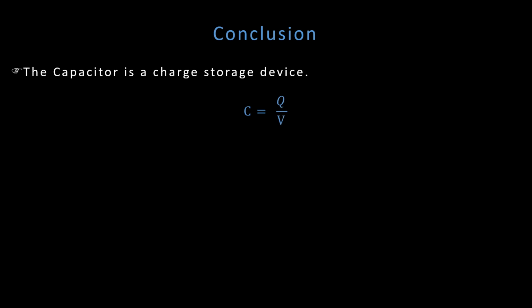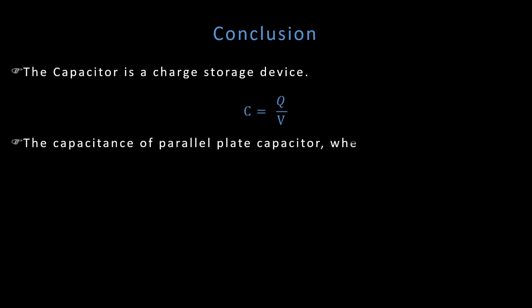Let us conclude now. So now we can say that the capacitor is a charge storage device, and capacitance is given as C is equal to Q by V. The capacitance of a parallel plate capacitor can be given as C is equal to epsilon 0 A by D, but don't forget that here we are making one assumption which says that D is very less than A, and if this condition is not satisfied, we will not be able to consider the field to be uniform, and then this equation epsilon 0 A by D may not be applicable.